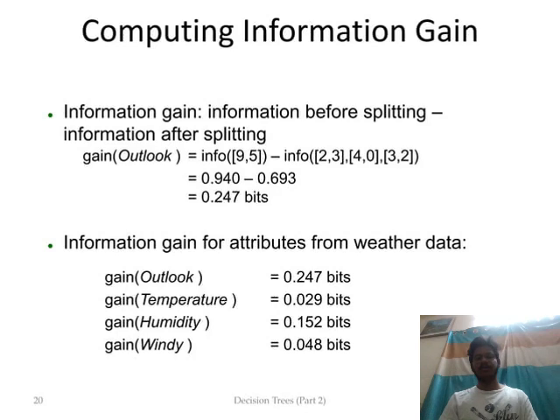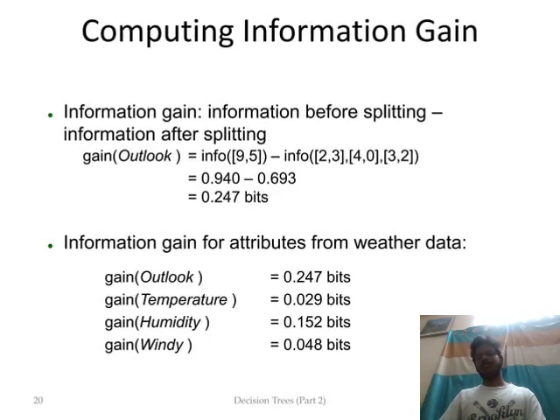And this is about computing information gain. Information gain is information before splitting minus information after splitting. Gain of outlook is information of 9,5 minus information of 2,3, 4,0 and 3,2. By using this, we have got 0.247 bits information gain for the outlook attribute of the weather data.